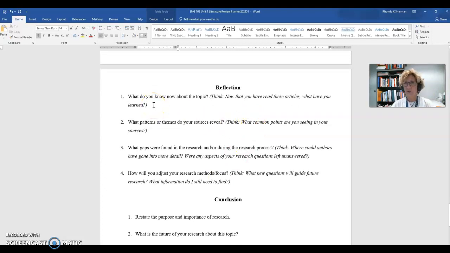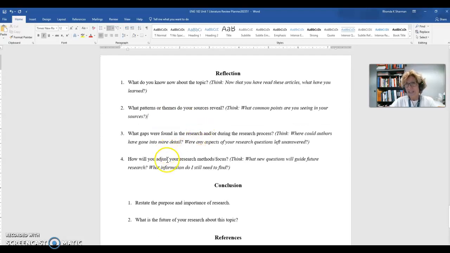Now that you've read these two articles, what do you know about the topic? So give a brief description. In these articles, what patterns or themes do you see rising to the top about this issue? Are there common concerns or common issues? So try to think of those points that are maybe mentioned in both articles. What gaps are still in this research?